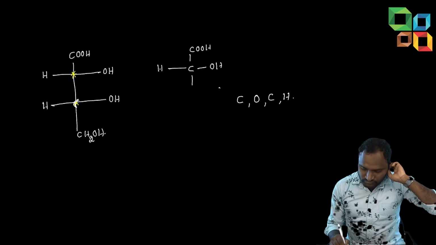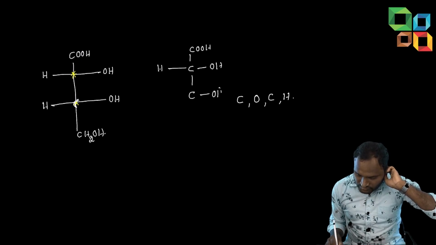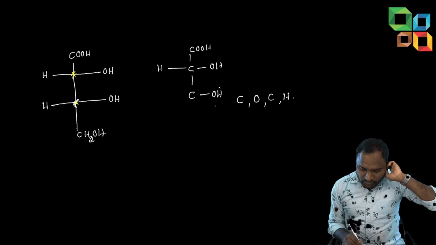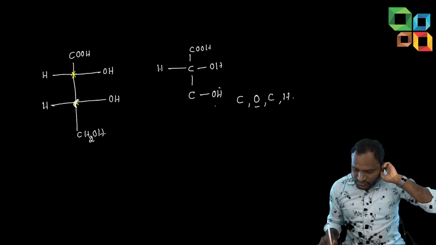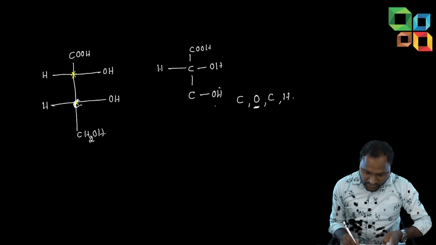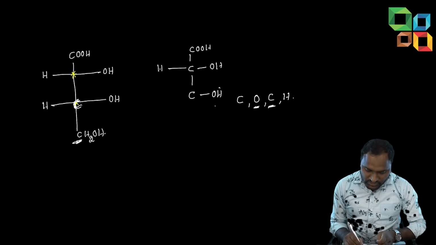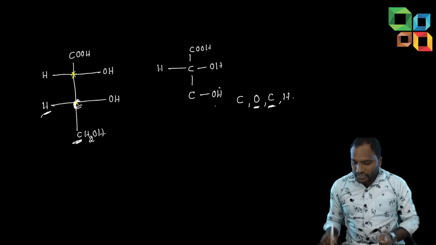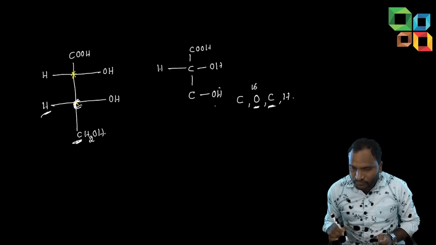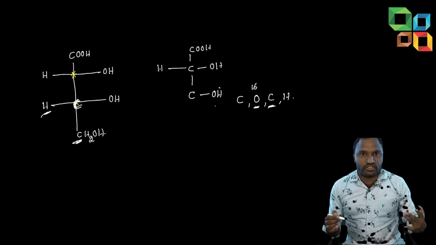Yes, sir. See, here OH is connecting directly to this. So out of O and carbon, hydrogen, which is having higher atomic mass? O. So that I kept first. Next, this carbon is directly connected with C. So I wrote next. This carbon is directly connected with hydrogen. Why did you write O first, sir? O atomic mass is more. So while fighting with other country, we'll use strong weapons only.